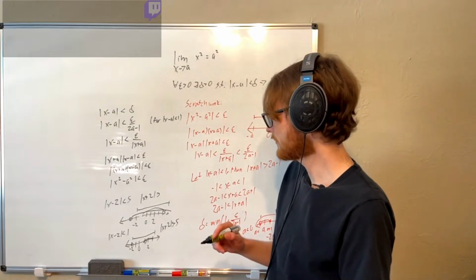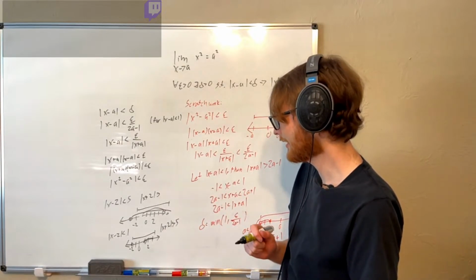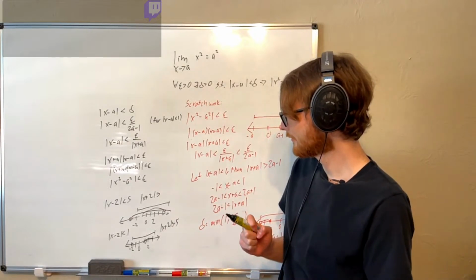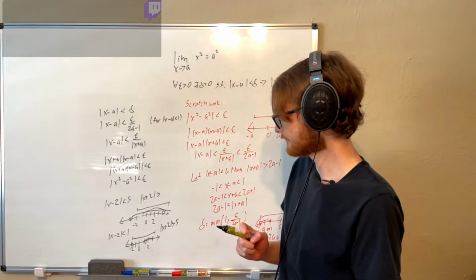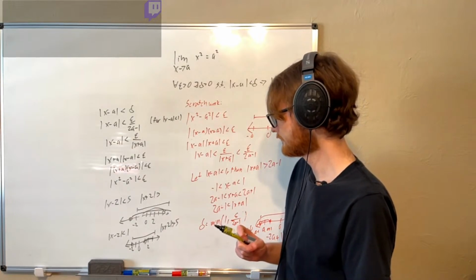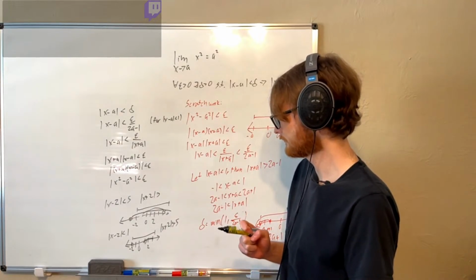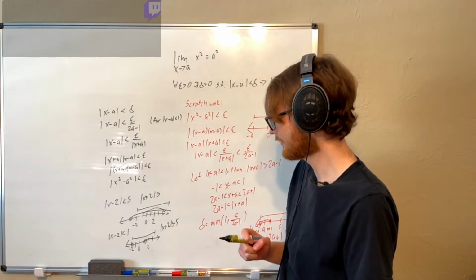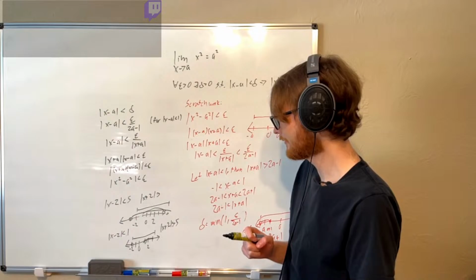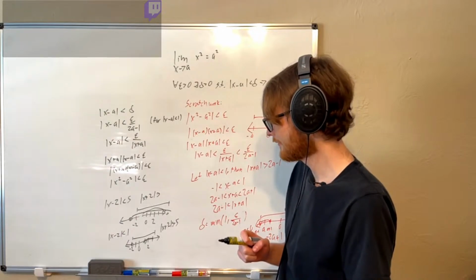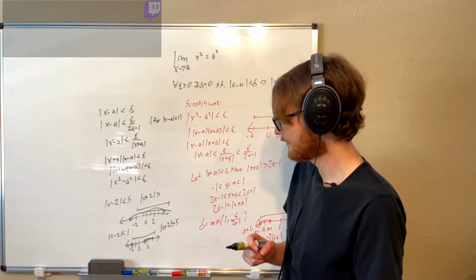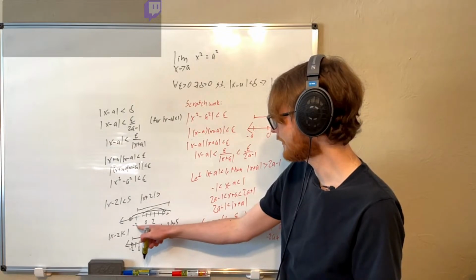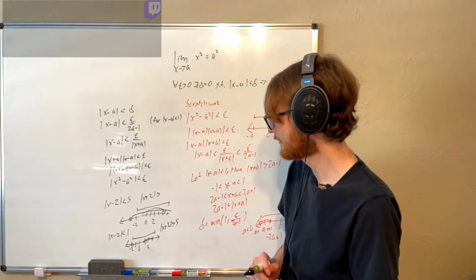And so when negative 2 is contained in the interval, I feel like this still works, doesn't it? So you still need to be from there out to the farthest endpoint.